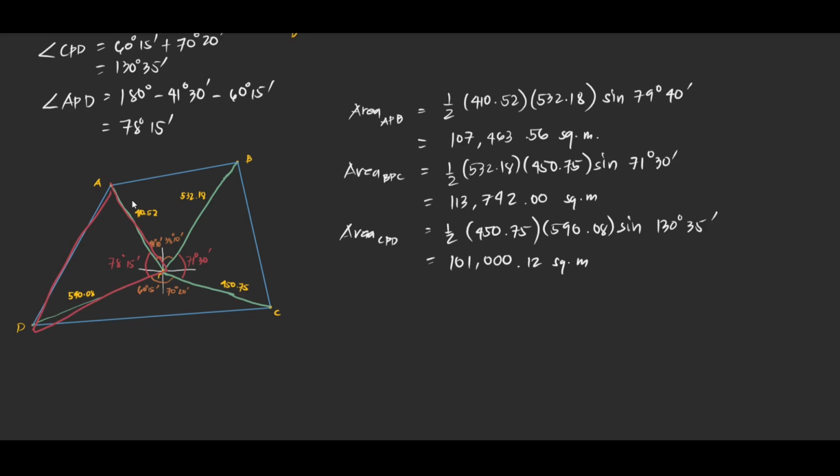Okay, so now finally we'll have angle APD. This is the final one. So area of APD is equal to 1/2 of 590.08, sorry, 590.08 multiplied by 410.52, and then the angle is 78 degrees and 15 minutes.